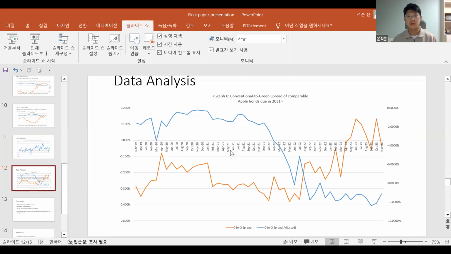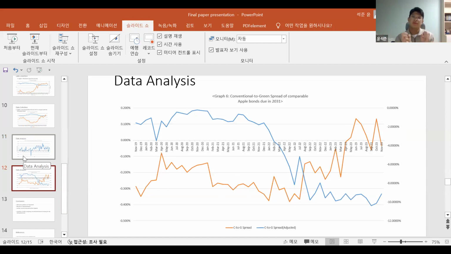So this is about the spread regarding the second green bond, and this is the third green bond Apple issued. And the orange is the spread, but as I mentioned, the coupon rate did not match since the third green bond was 0.5%, and the comparison target, the conventional bond, had a coupon rate of 2%.